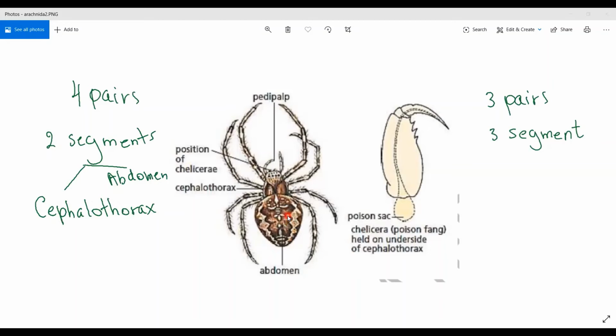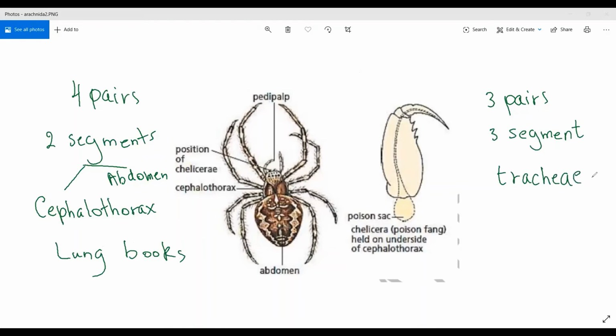Arachnids breathe by certain structures inside their body that are called the lung books, like those found in the creature that Kenzie asked about. Here they breathe by trachea, and the plural is tracheae.